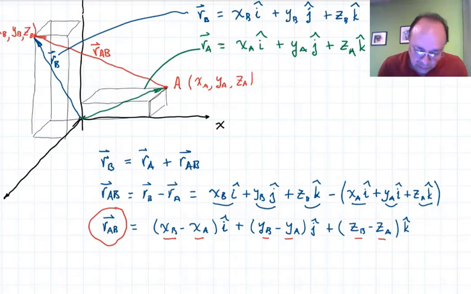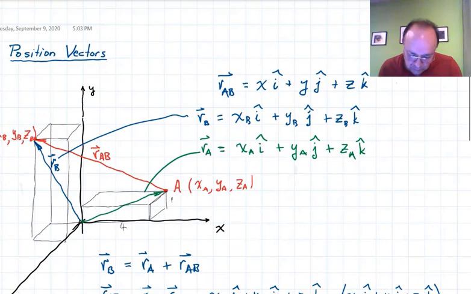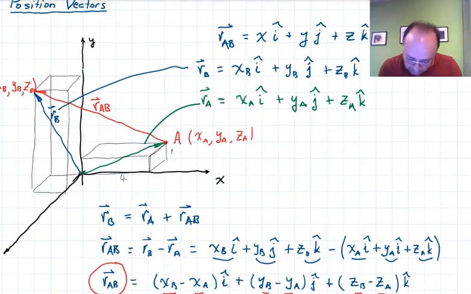So let's take a look at this example here. Let's say that the coordinates of A are, in X we have 4, in Y we have 1, and in the Z direction, let's put minus 2.